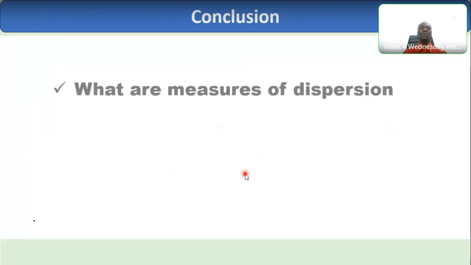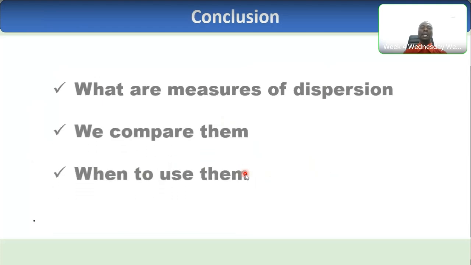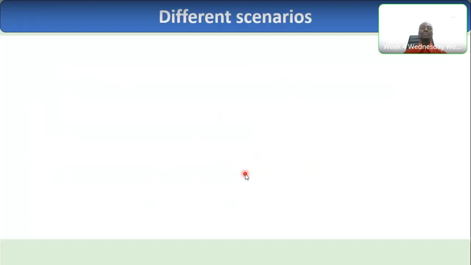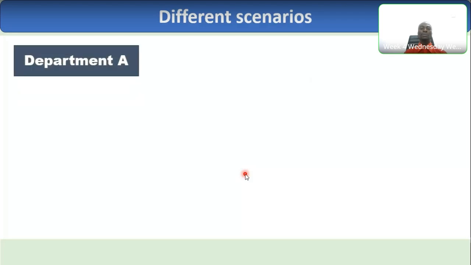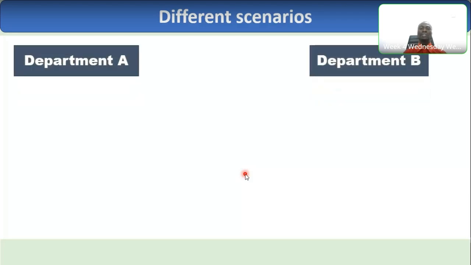Now, we have been able to look at the measures of dispersion, we have compared them, and we have seen when to use them: we cannot use a range when there are outliers, because range is sensitive to outliers. Now, like I was saying before, let's look at different scenarios.